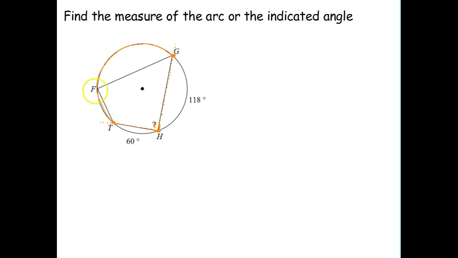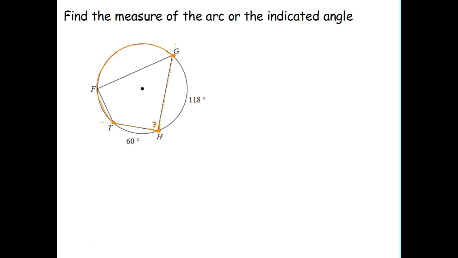Well, we don't know what this arc is, and in order to find this angle, we have to know how many degrees are in this arc. So the first thing that we need to do is figure out what this arc is. And the way that we can do that is to figure out how many degrees we have in these other two labeled arcs first, because we know that there are 360 degrees in a circle.